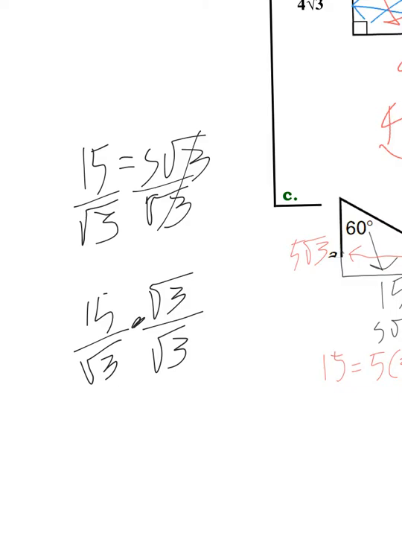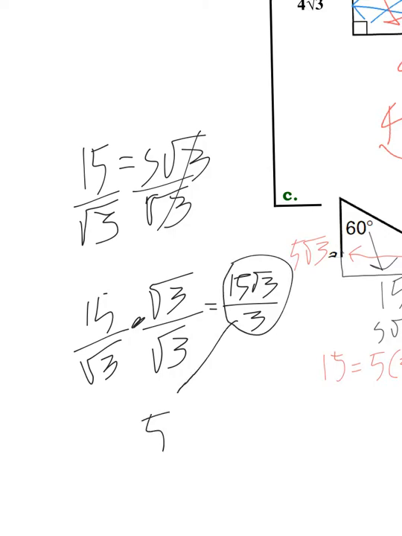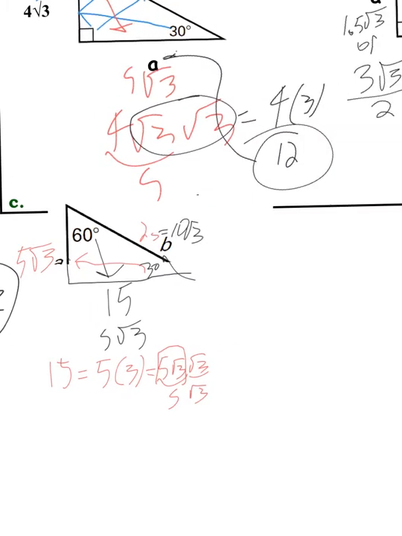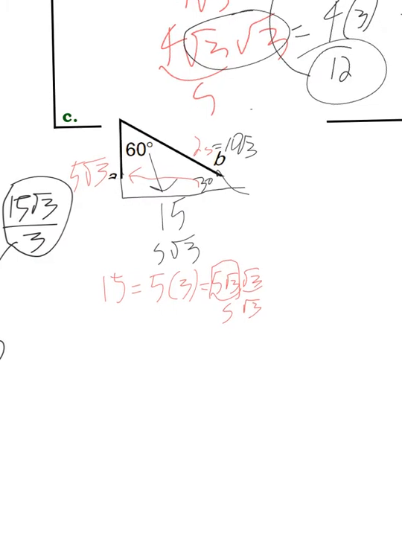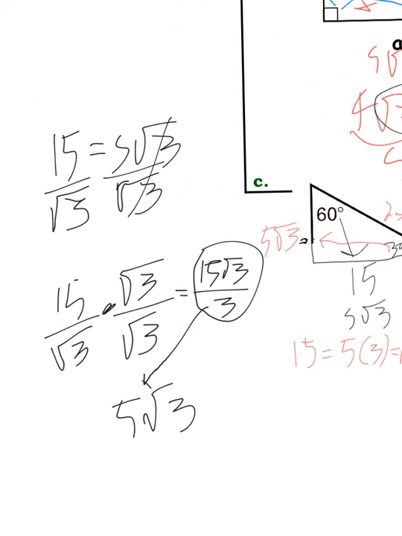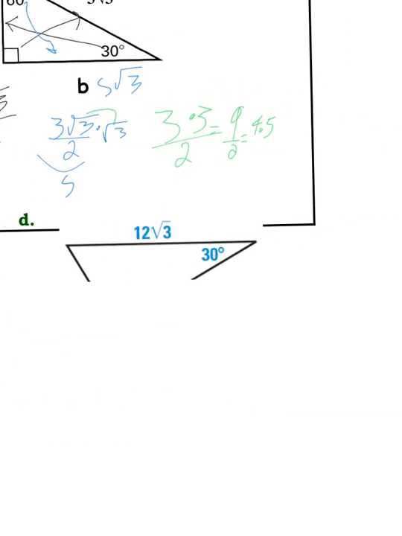It would cancel out. So that's going to make 3 on the bottom. So this says 15 square root 3 over 3. And since 15 over 3 makes 5, I rewrite this whole thing to make 5 square root 3. So I think my way is actually shorter, but if this other way makes more sense to you, then do it that way. I just want it to make sense to you.